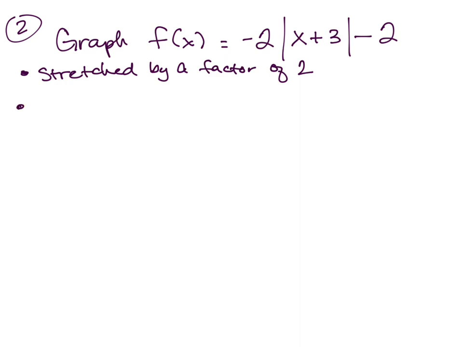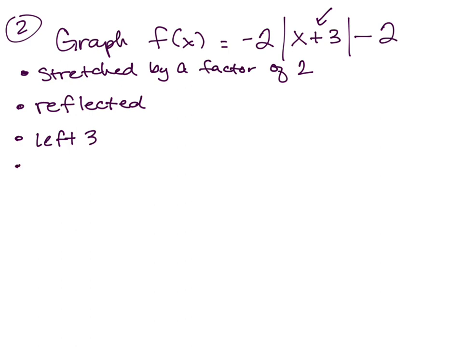What else? Reflected. This is the one that got out of order on our test. What else happened? Left 3. How do you know it went left? Insiders lie. We're looking right here as our horizontal translation. And if that's x plus 3, this guy's going left 3. Insiders lie.